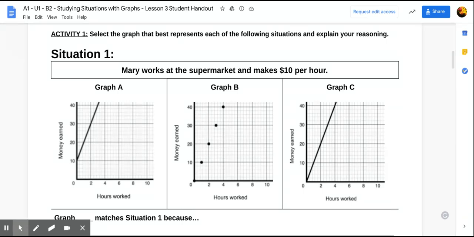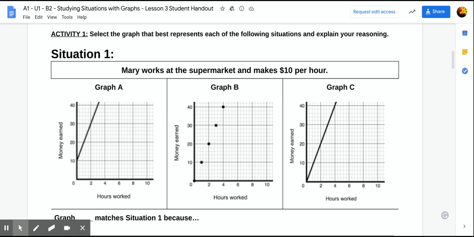I'm going to go through and read each question, and I would like you to read along with me, and you can try the examples. Then I am going to go over the worksheet and correct it with you so that you can correct your worksheet and cite the correct answers. You're going to be selecting the graph that best represents each of the following situations and explain your reasoning.